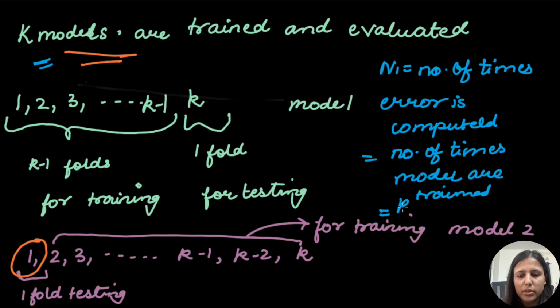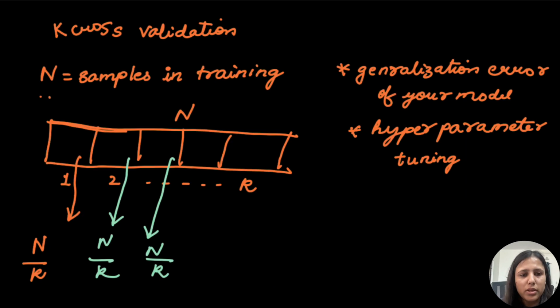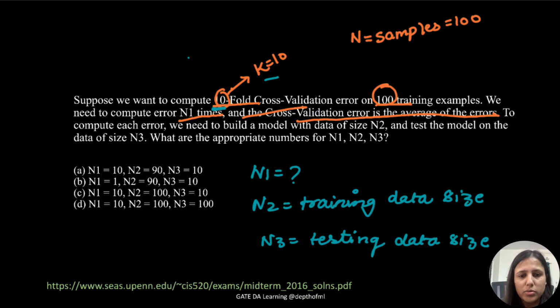So let's go back to our solution. We know that n1 is equal to k, which is equal to 10, right?